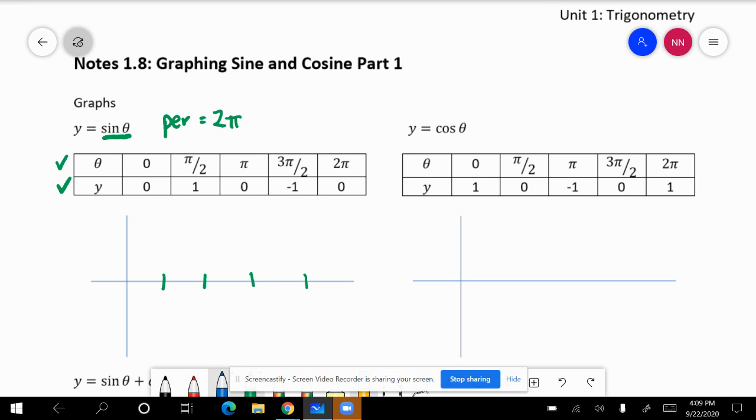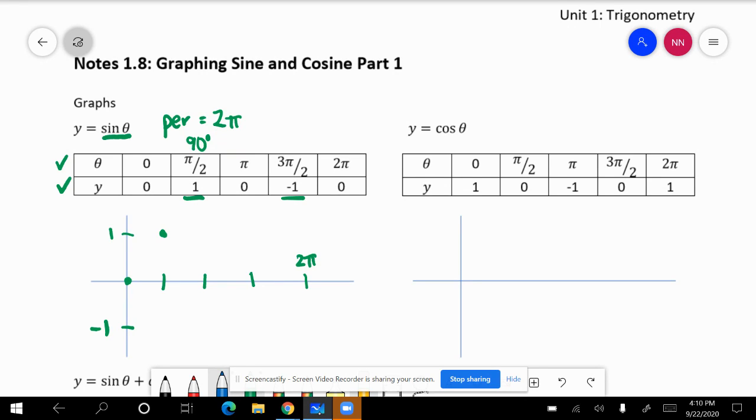How that helps us is that we're just going to graph the first part of sine. So that means that the highest value is 1 and the lowest is negative 1. We're going to start off at 0, and we have 0, 0. At pi halves, or 90 degrees, what we have is 1.